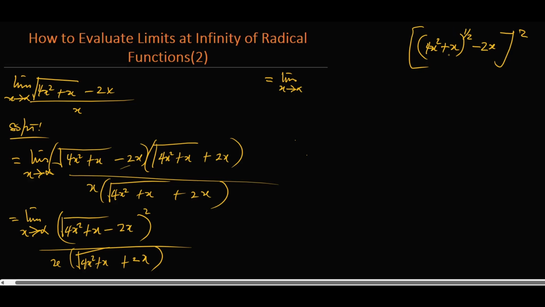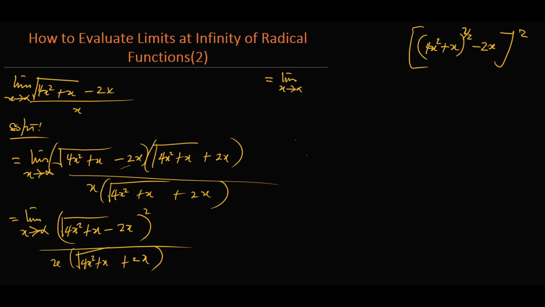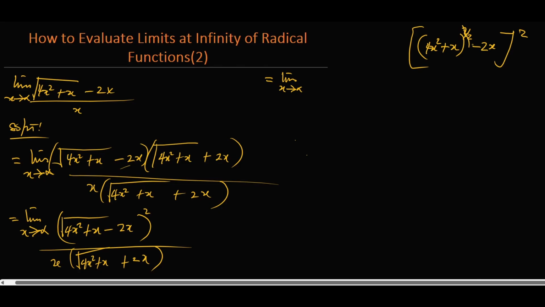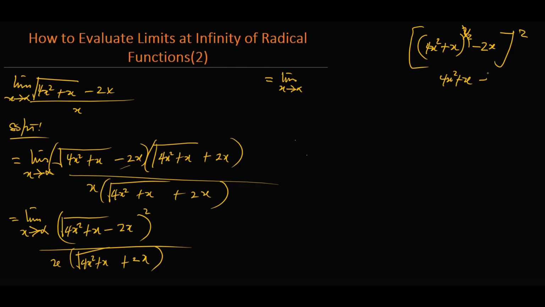If we expand, we are going to have 2 over 2, right? And 2x squared, which will give us 4x squared. And you see 2 will cancel out 2 here. We are left with only 4x squared plus x, now minus 4x squared.